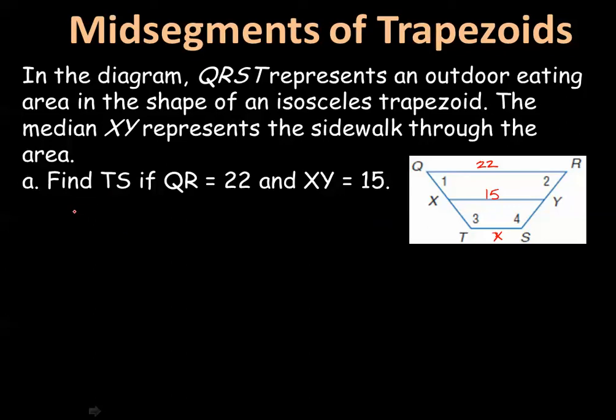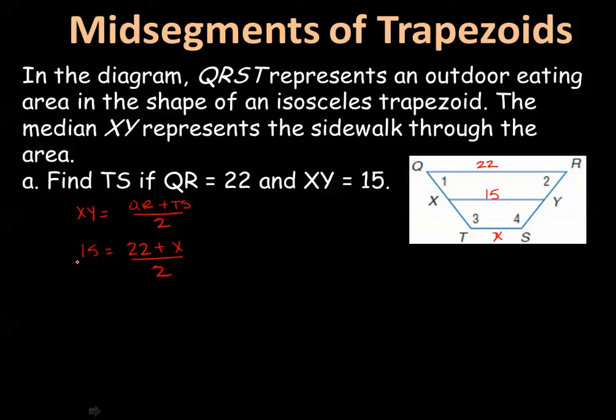So remember, my mid-segment is XY, and it's going to equal QR plus TS divided by 2. So I'm going to have XY is 15 equals QR, and I'm going to call TS X, divided by 2.